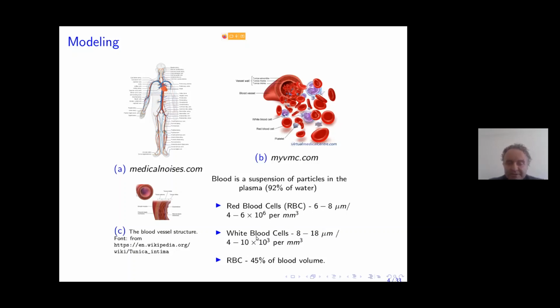There are other blood cells that are larger, like white blood cells, but they are much more sparse. So it is the red blood cells that define the rheology of blood. Actually, blood in general is considered a non-Newtonian fluid because when we have a small change in the gradients of the velocities of the flux, these red blood cells tend to aggregate, and therefore the viscosity of the fluid will increase.